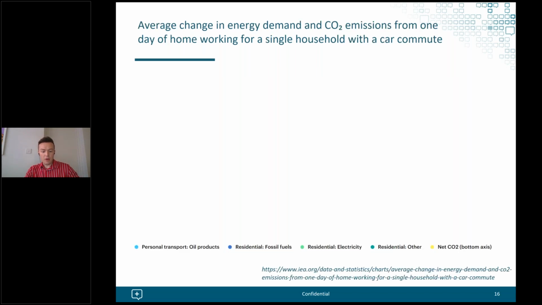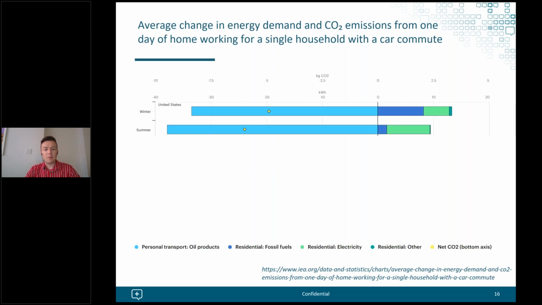On this next graph, though, we're going to dig into a little bit more data and detail. This graph here is from the IEA. We'll be sharing links and follow-up information to today's webinar, so you'll be able to access this data. But the IEA have conducted a study to look at the average change in energy demand and emissions from one day of home working for a single household with a car commute.